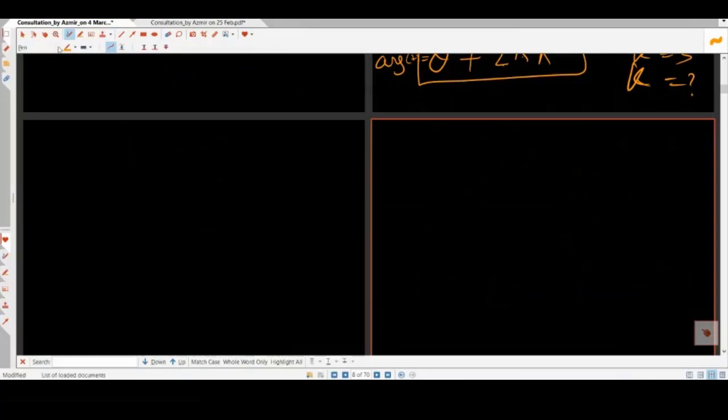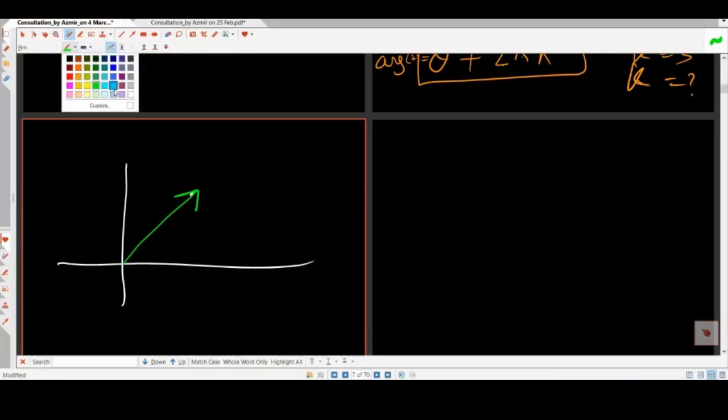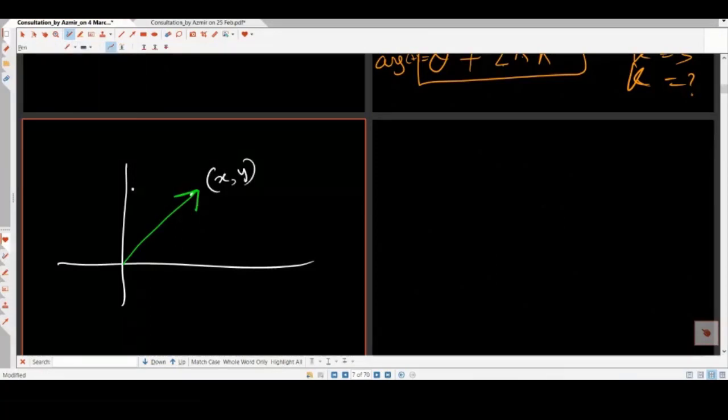So suppose we have the same point, and you know, a complex number can be a point in the complex plane that is known as the z-plane, where the x-axis is the real axis and the y-axis the imaginary axis.